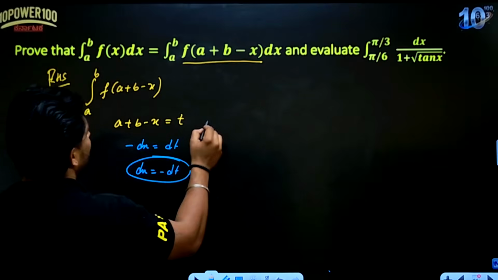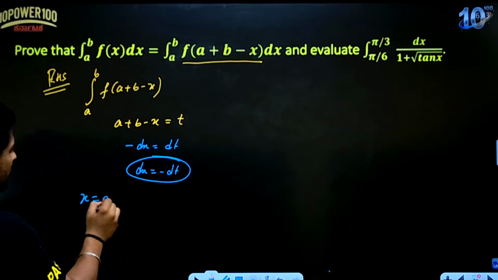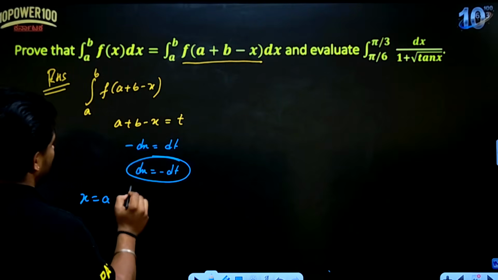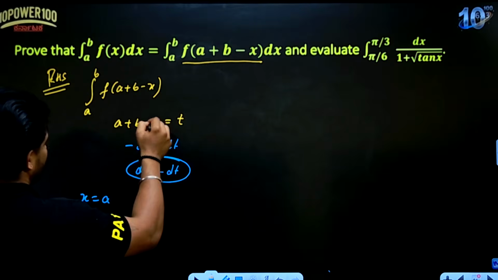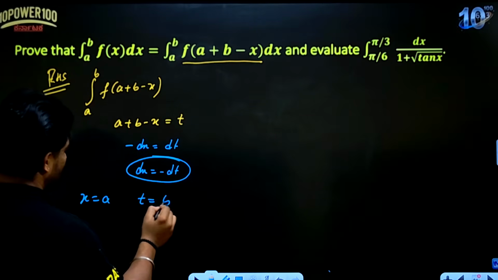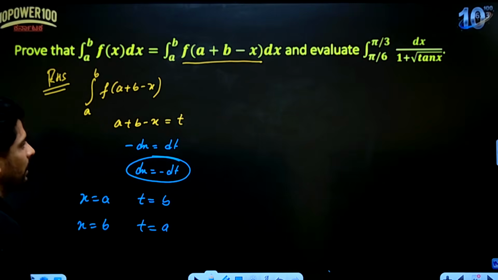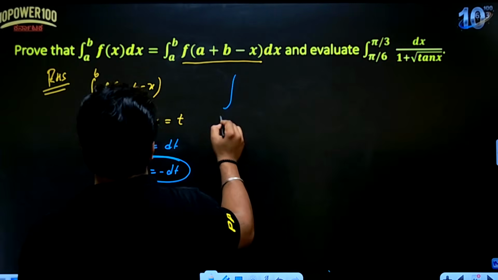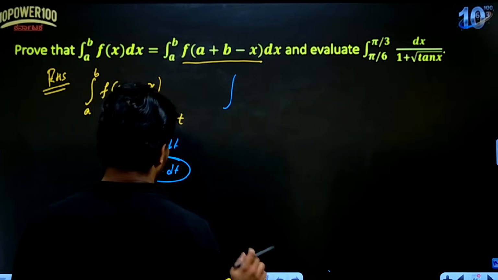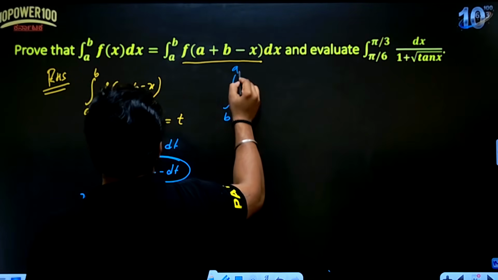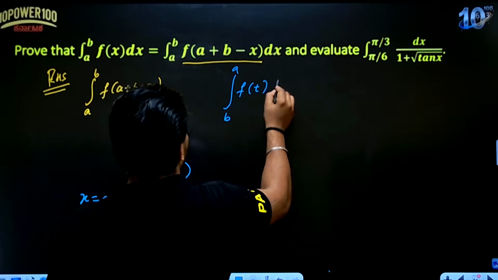Now, when x is equal to a, if I substitute a here, the t value will become b, and when x is equal to b, the t value is equal to a. Okay? So this becomes b to a, f of t into minus dt.